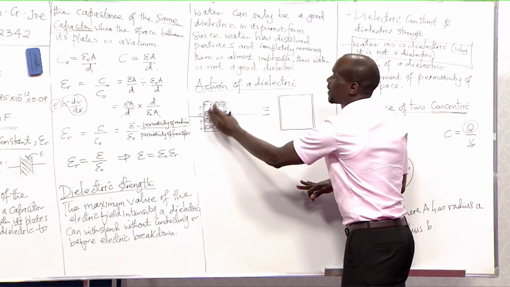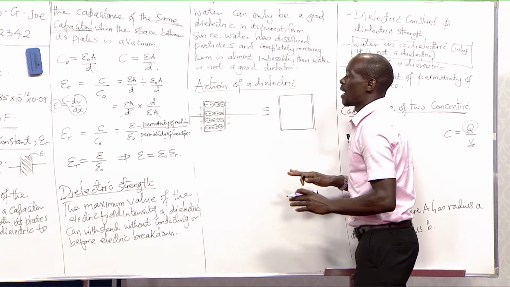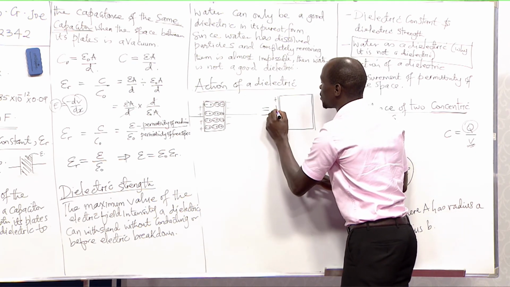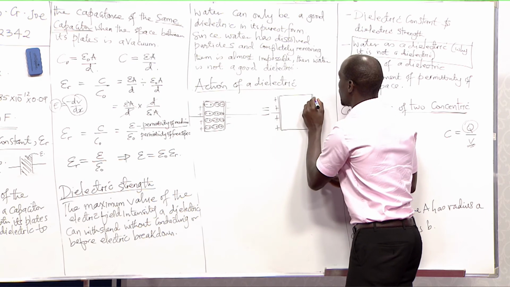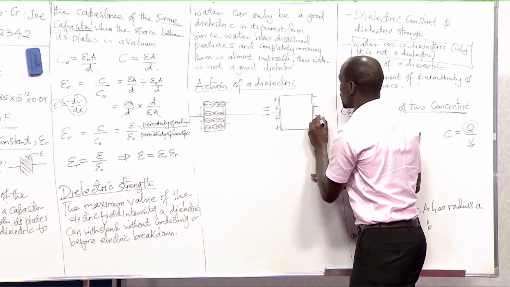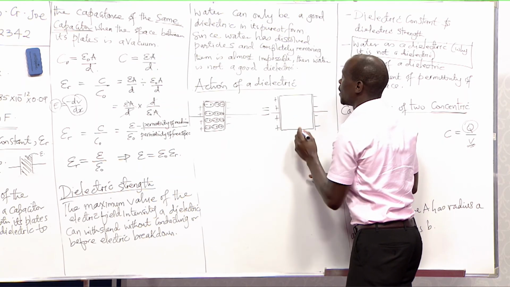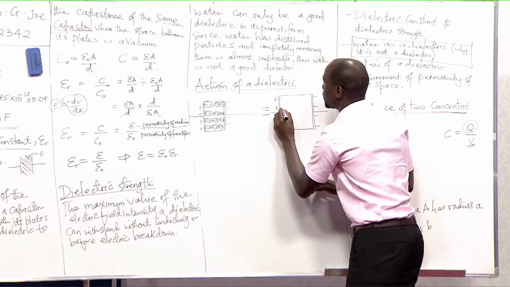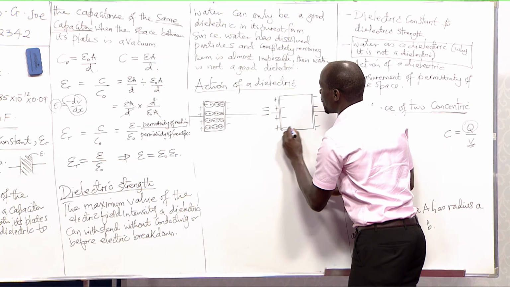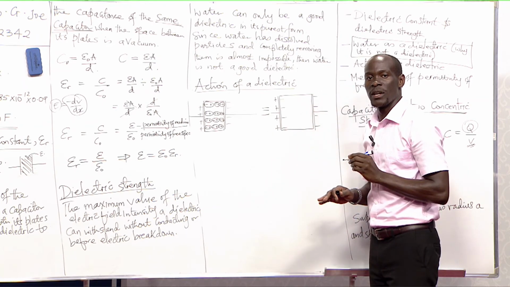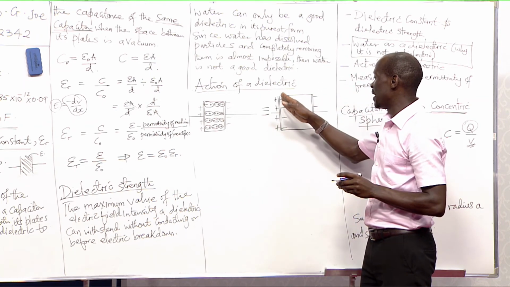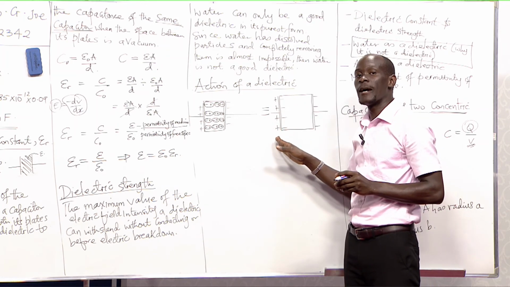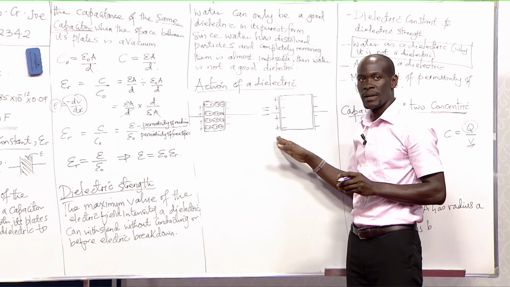So since the effect of the bulk molecules has been cancelled, then this being positively charged and this being negatively charged, we shall have negative charges being induced on the surface which is near the positive plate.